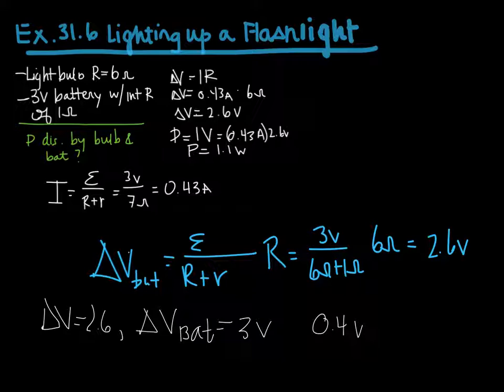That's another good way to determine that potential drop within the battery itself. So the battery is not quite outputting 3 volts, it's actually outputting 2.6 volts. You can determine that by using the current in the circuit, and that's it.